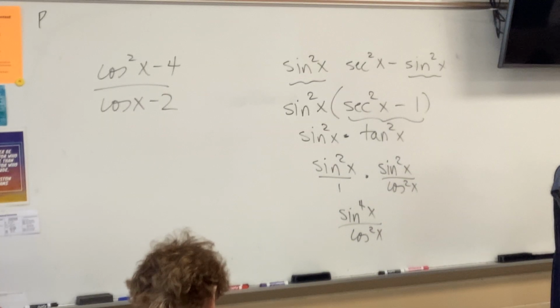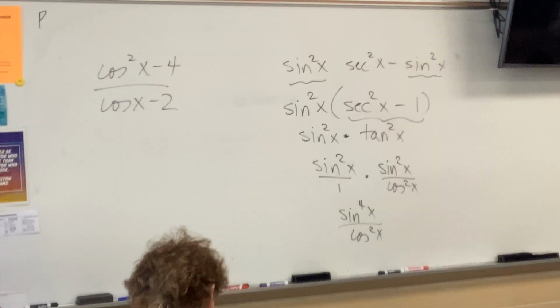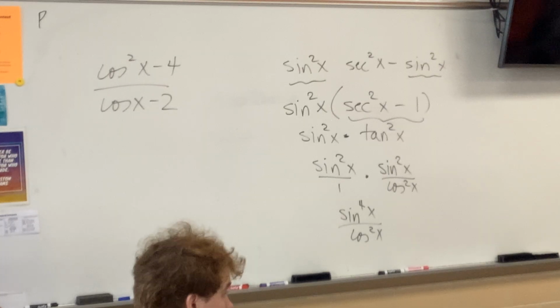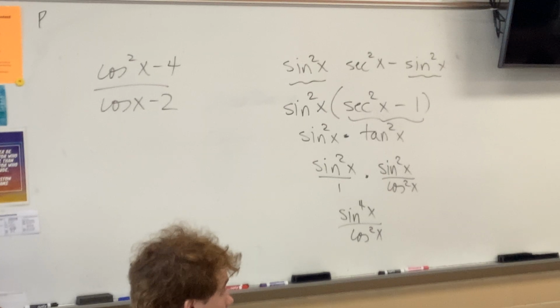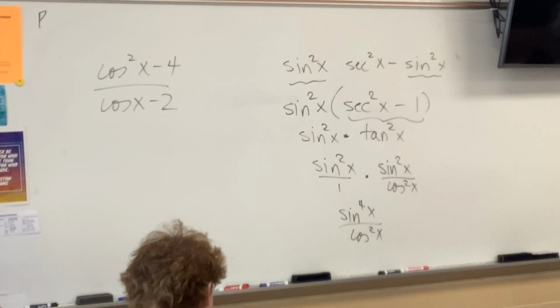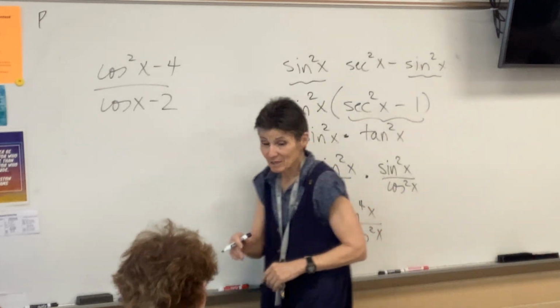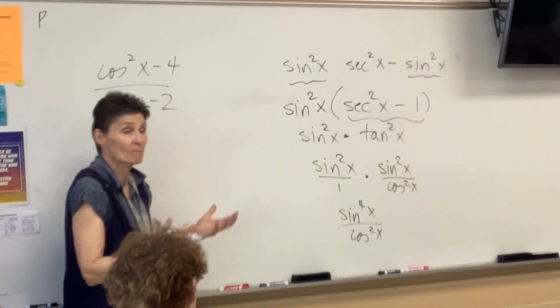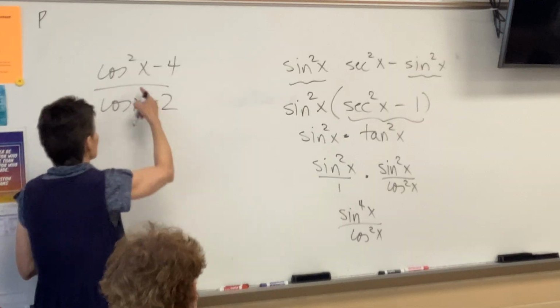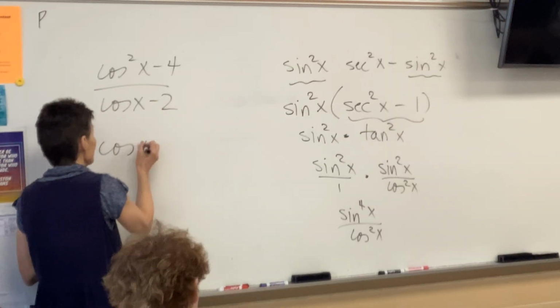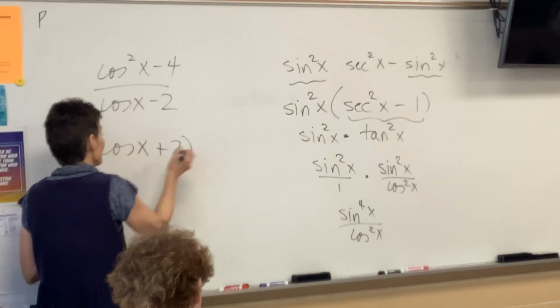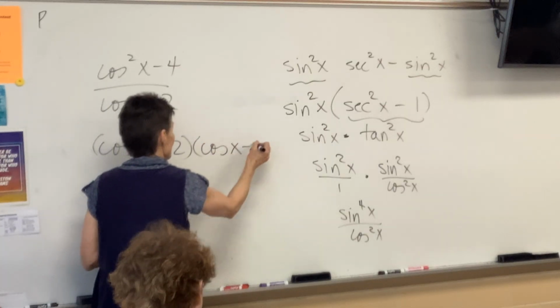There is something you can do though. Look at that numerator. We talked about it the other day. Can't you split it into plus 2 minus 2? Exactly. It's called the difference of squares. We're factoring the difference of squares. And we really don't have to remember the name of it, Lena. We have to remember what to do. And you did. So the top is going to factor into cosine plus 2 and cosine minus 2.